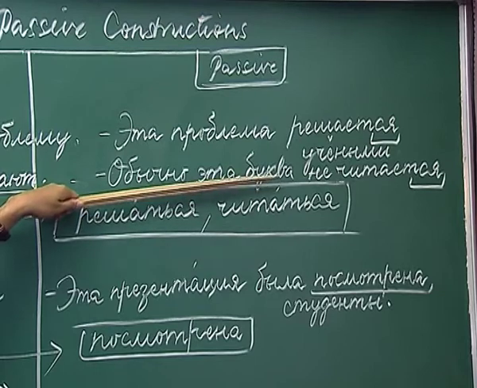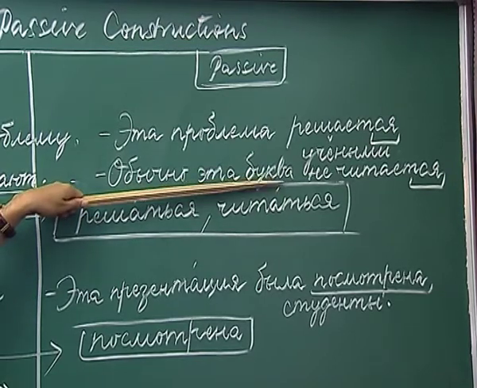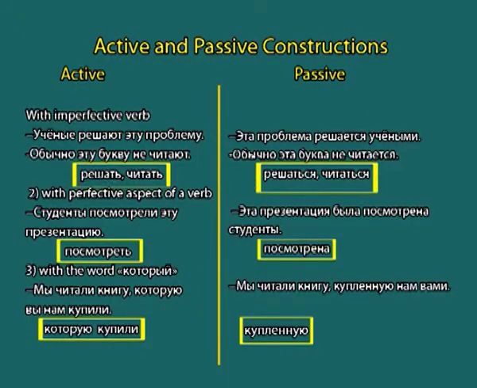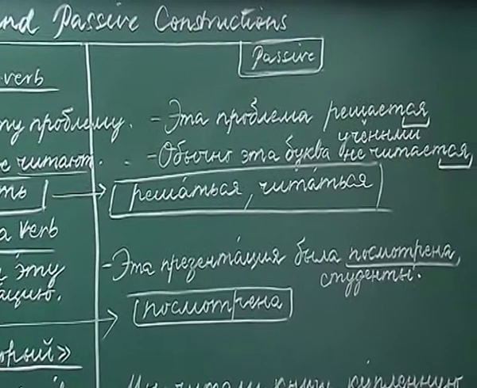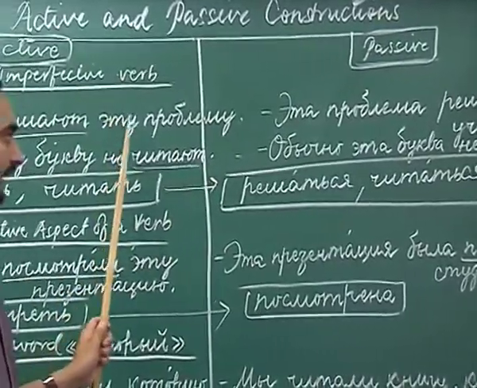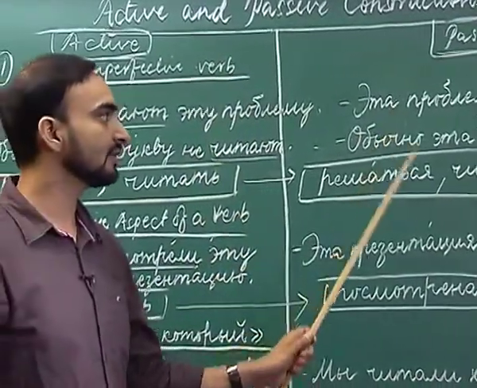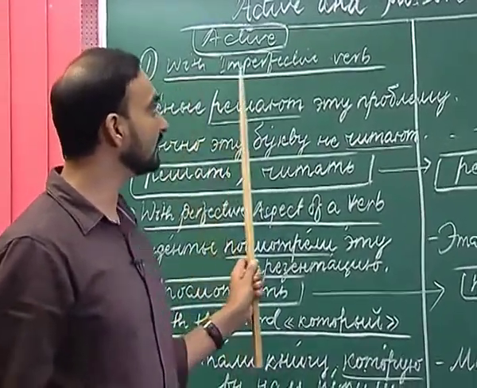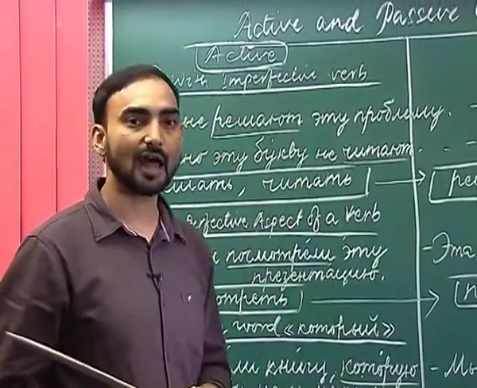Here the function of subject is being performed by the object in the active construction. So, abhichna eta bukva ni chitayatsa. So, this is how we change the active construction into passive when the active construction is with the imperfective aspect of the verb.